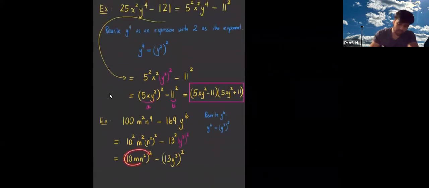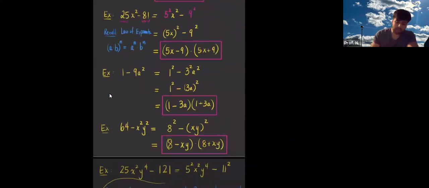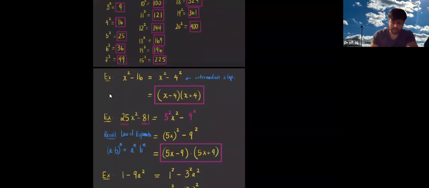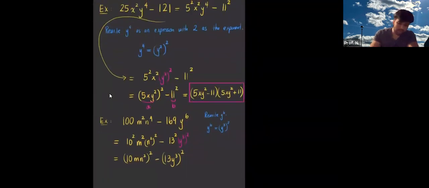I have two terms with bases that are kind of long, but the whole point is that both of these bases have 2 in the exponents. And so now I have this form, a squared minus b squared, which can be rewritten as a minus b times a plus b. I'll do so here. This is going to look like 10mn squared minus 13y cubed, parentheses, multiplied by 10mn squared plus 13y cubed, parentheses.